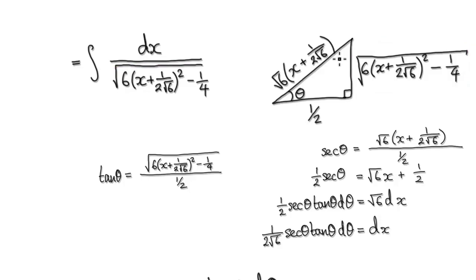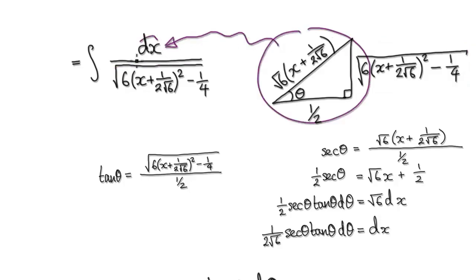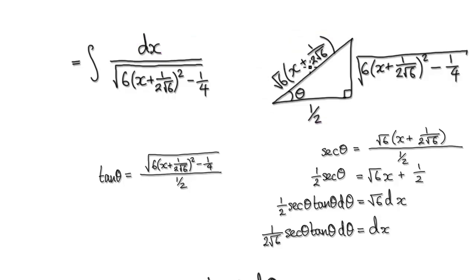But then from our triangle, we need to be able to extract the dx. So looking at this here and this, secant would be hypotenuse over adjacent.